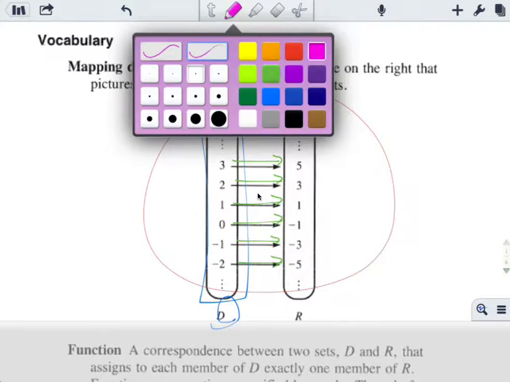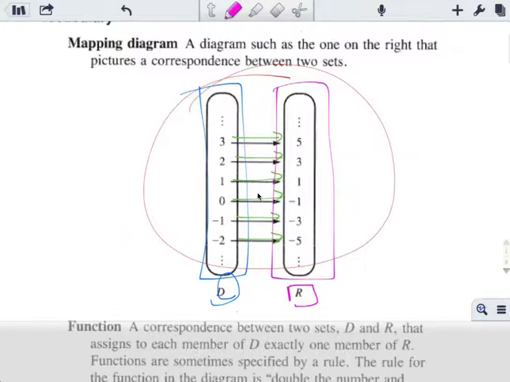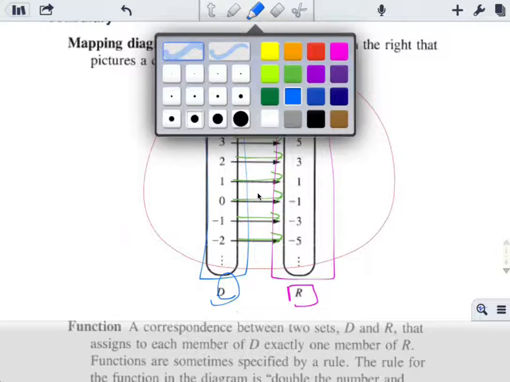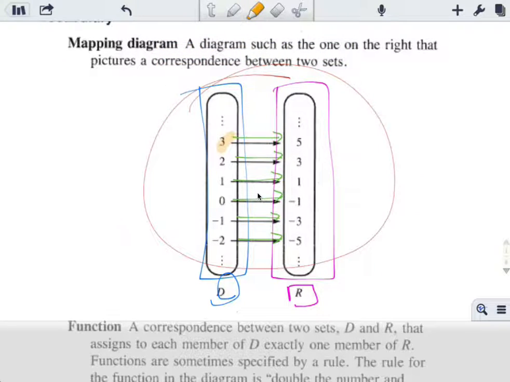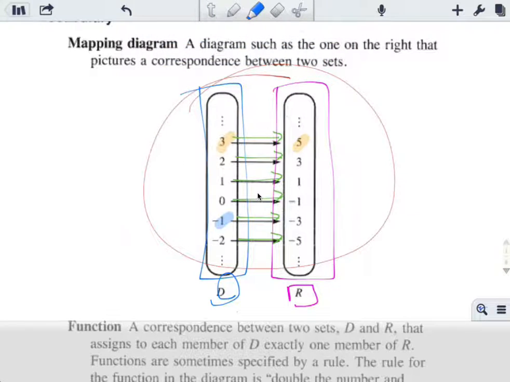And the range will usually be represented with an R. Okay, so that's a mapping diagram. In other words, it maps a value from the domain to the range. For instance, 3 is mapped to 5, or -1 is mapped to -3, and so on.